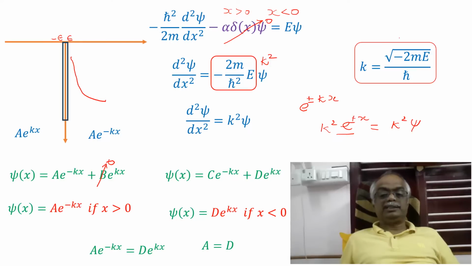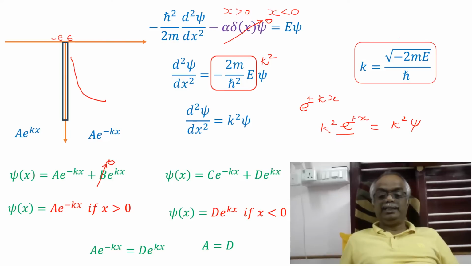Similarly, what will happen in the negative x direction? In the negative x direction, the wave function will be c e power minus kx plus t e power kx. Here also, if we apply the same rule, when x is minus infinity, the first term will become infinite, because minus of minus infinity becomes plus infinity.